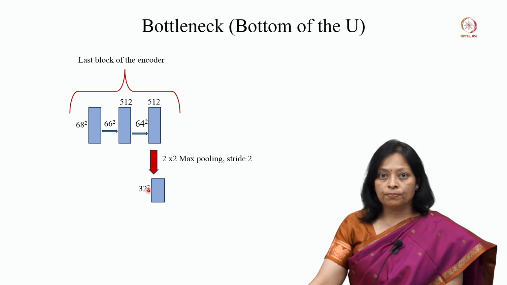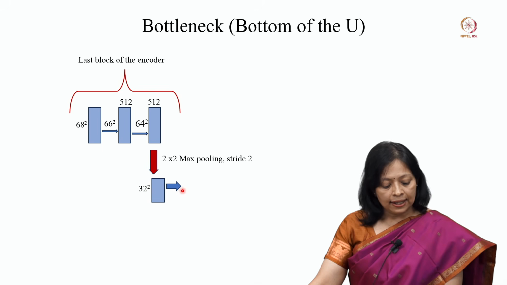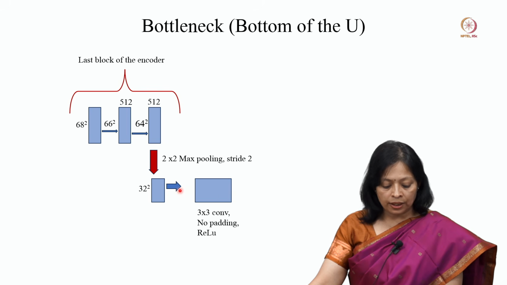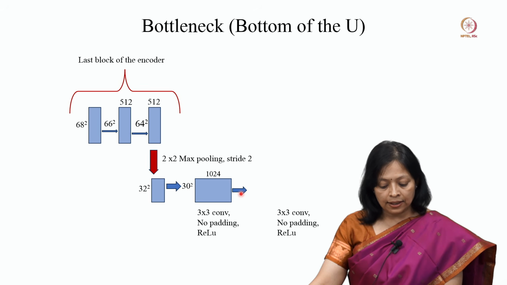So, it is 32 cross 32 size, and then once again it is going through 3 cross 3 convolution, no padding, ReLU, and here the number of filters is double of that one, 1024, and the size is 30 into 30, and another layer of convolution, no padding, ReLU.